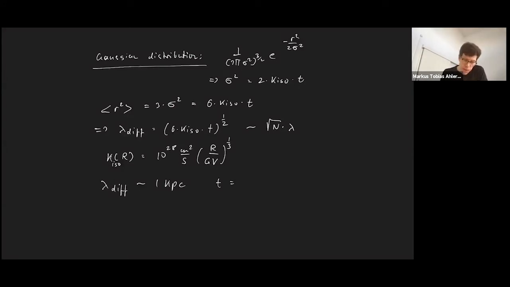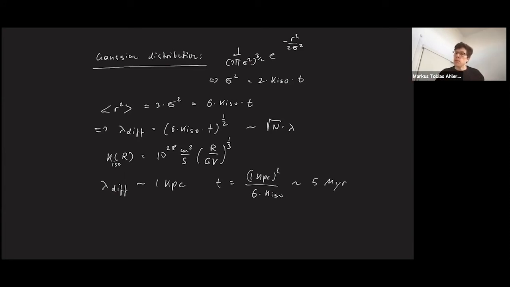This will simply be 1 kiloparsec squared divided by 6 times the isotropic diffusion scale, and this will be of the order of 5 mega years. So this is the time scale for cosmic ray diffusion at this rigidity scale across our galaxy.